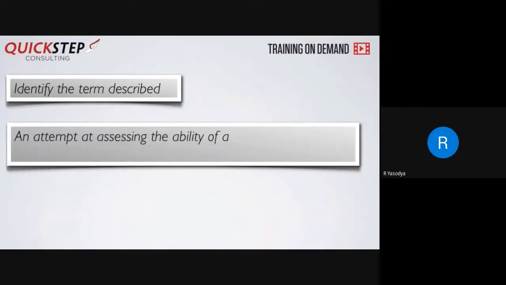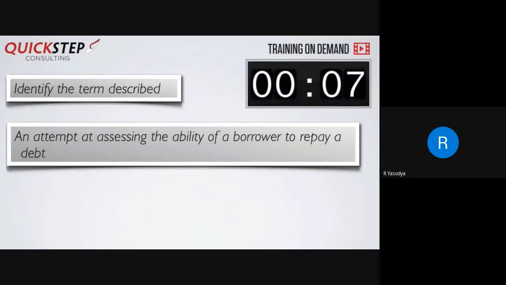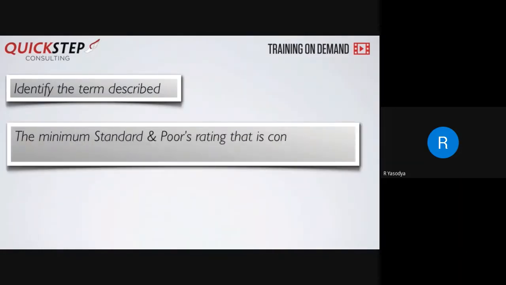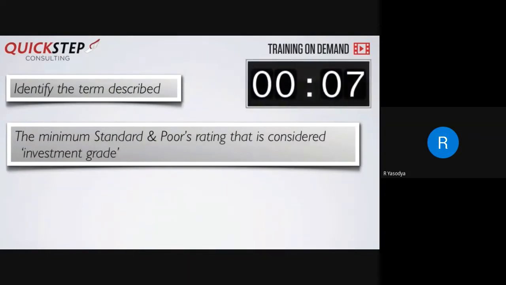An attempt at assessing the ability of a borrower to repay a debt. Credit rating. The minimum S&P rating that is considered investment grade.